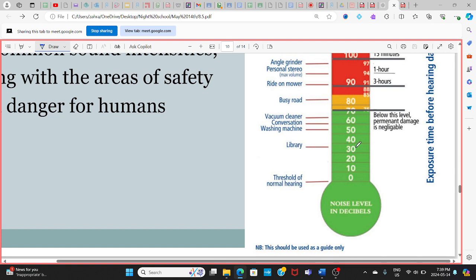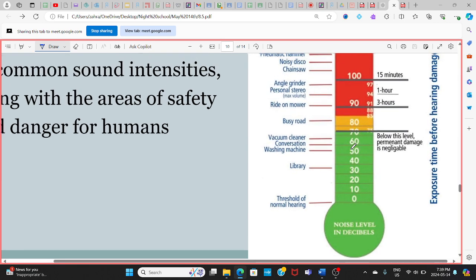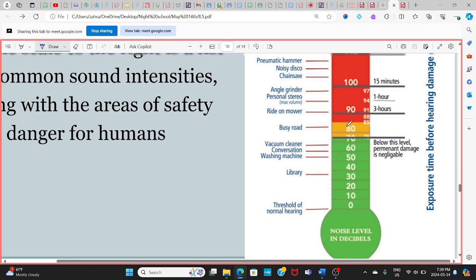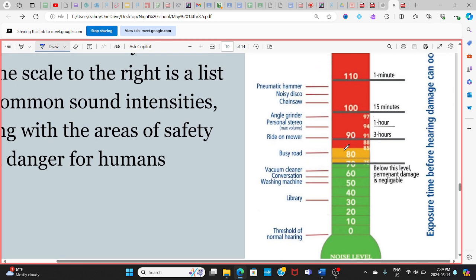Going up to 30 decibels, it's kind of the noise of a library. Going to 50 decibels is a washing machine. 60 decibels, a vacuum cleaner. 80 decibels is kind of normal. Below this, permanent damage is negligible, right? It's noisy, but it's safe.